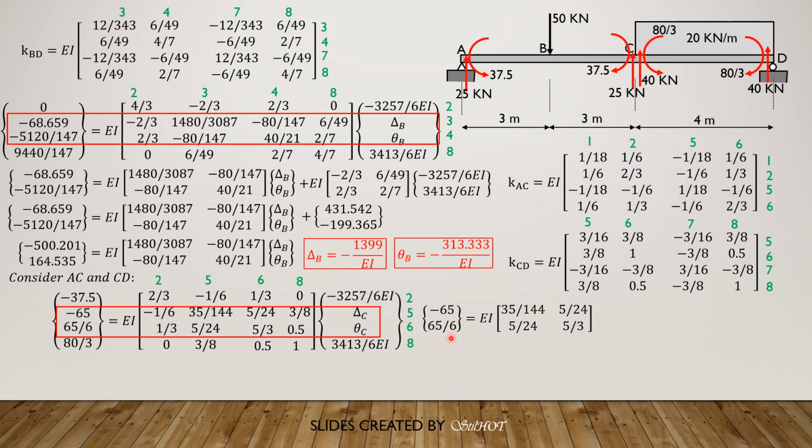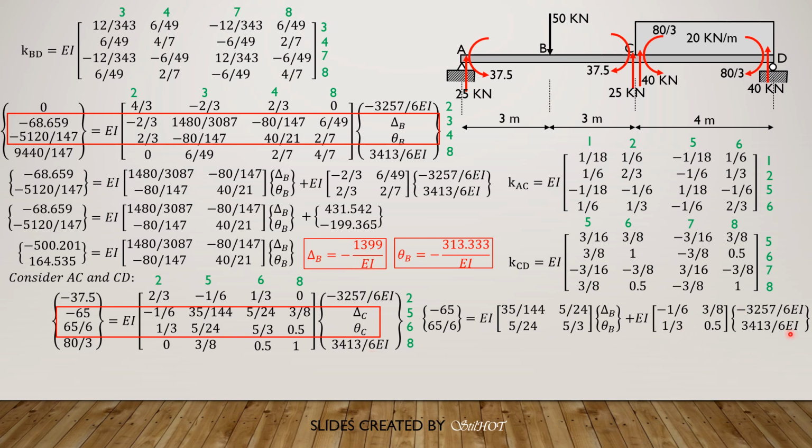So negative 65, 65 over 6 is this matrix here, the center matrix. Copy, then delta B, theta B, plus EI times the matrix.